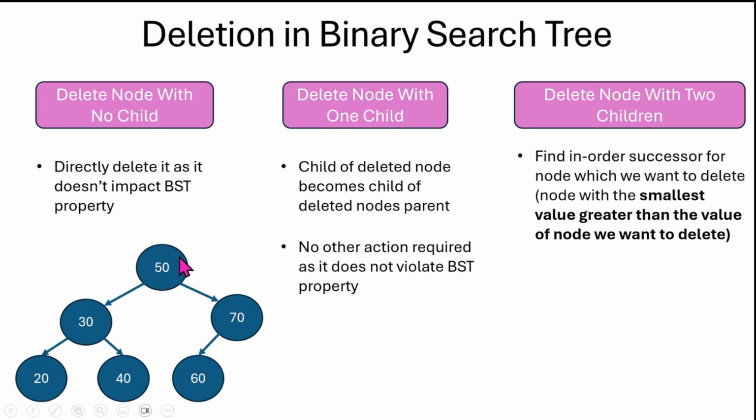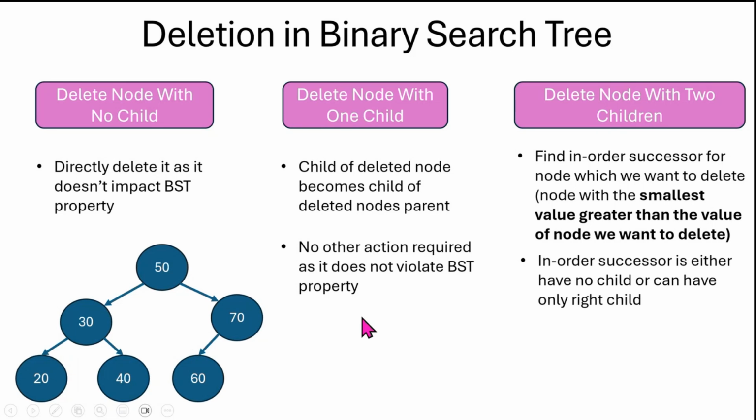So let's say if we want to delete 50, the in-order successor for 50, which is the smallest value greater than 50, is 60. Now, if we observe one thing, the in-order successor basically has either no child or only a right child. Why?